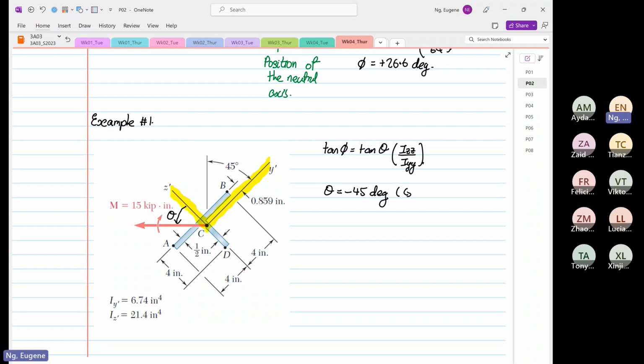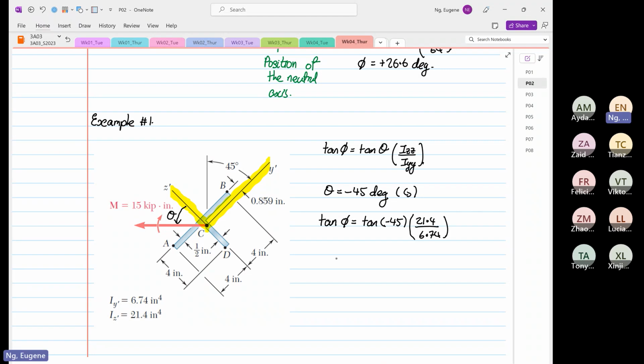Because it's going anticlockwise from Z, right? So we know IZZ and IYY. So from here, we can immediately plug in the formula. Tangent phi is equal to tangent minus 45. Okay, bracket, IZZ is 21.4, and then divide by 6.74.